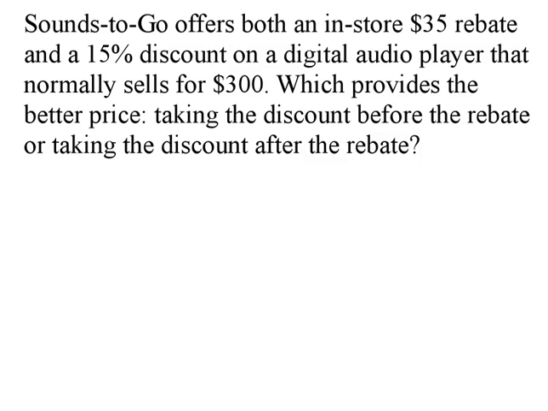So we're going to start by taking the discount before the rebate. I've got $300. What would 15% off be? $45. So I'm going to subtract $45. This is the 15% off.